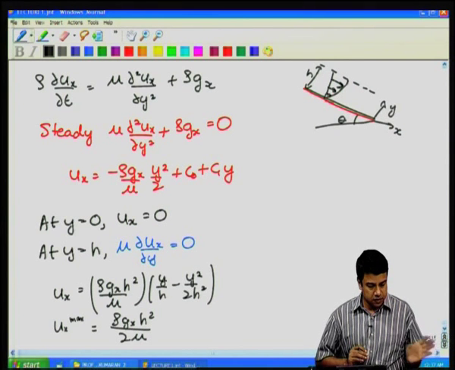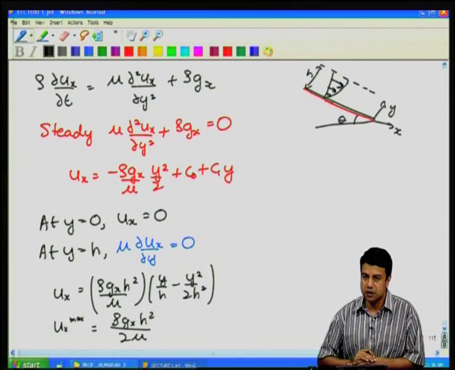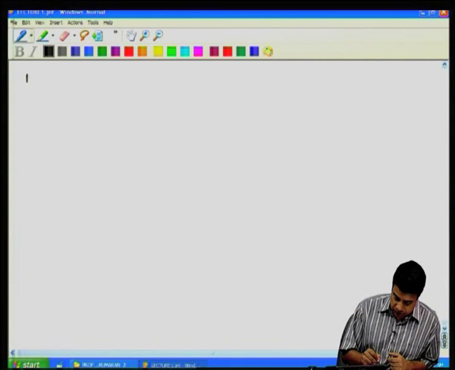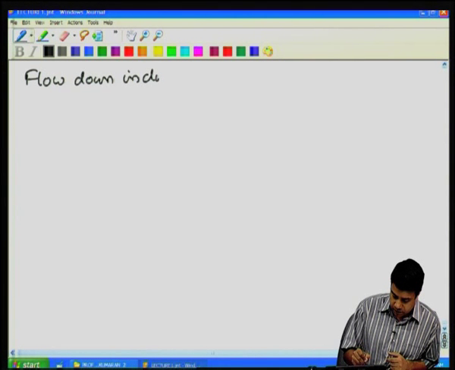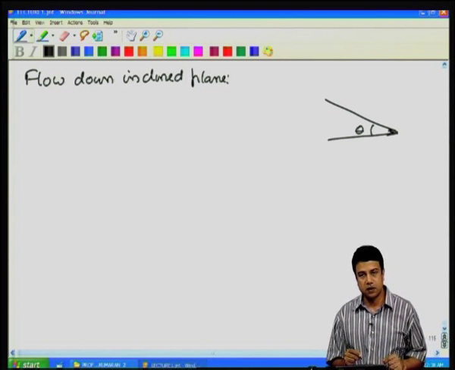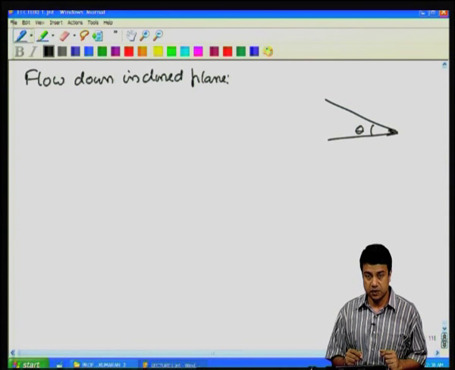Now, this profile for flow down an inclined plane is also a very useful one to discuss one of the other issues that we have not discussed so far, and that is what happens at a liquid interface. So, I have a flow down an inclined plane at an angle theta, but rather than having just one liquid flowing down the inclined plane, I have two layers of liquids flowing down the inclined plane.